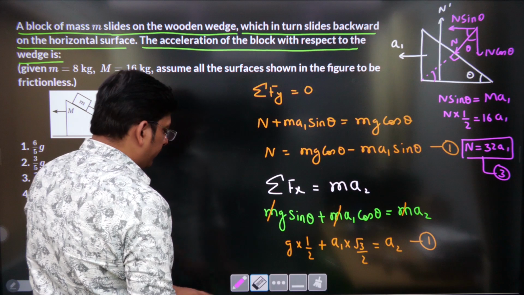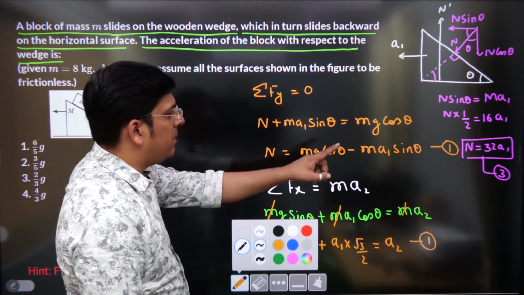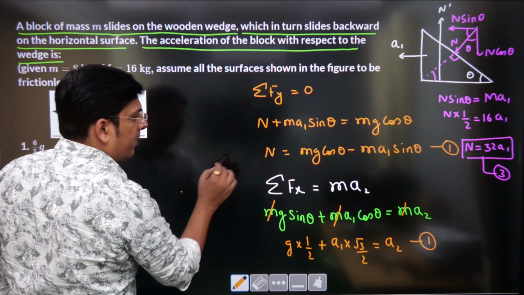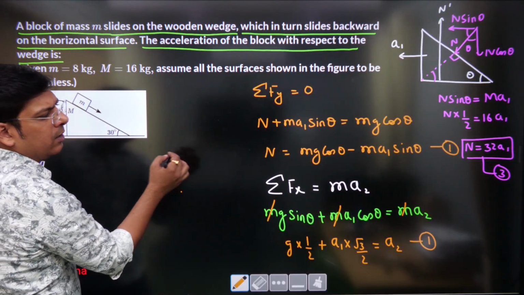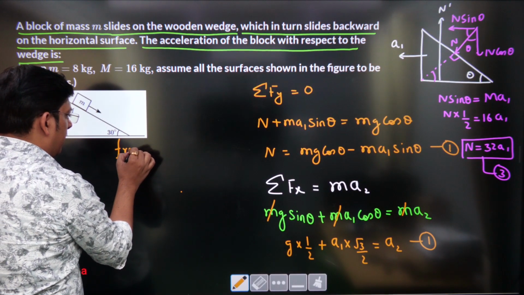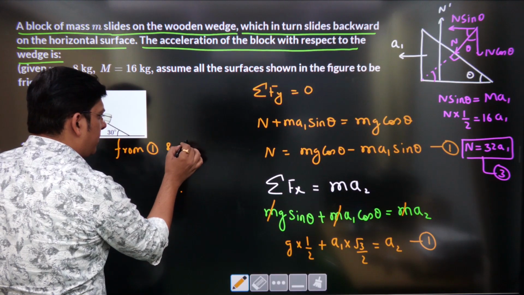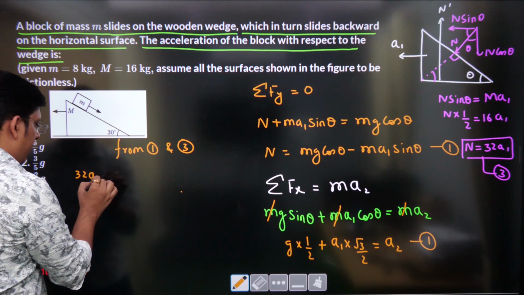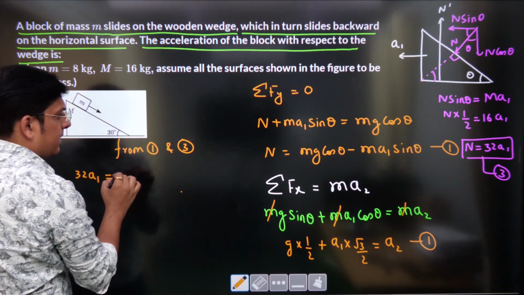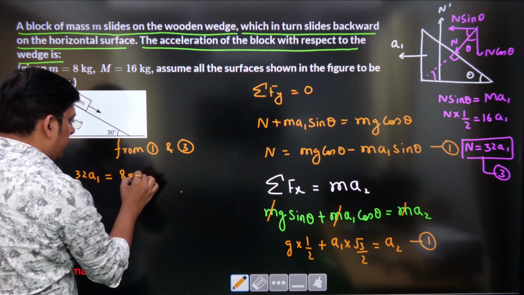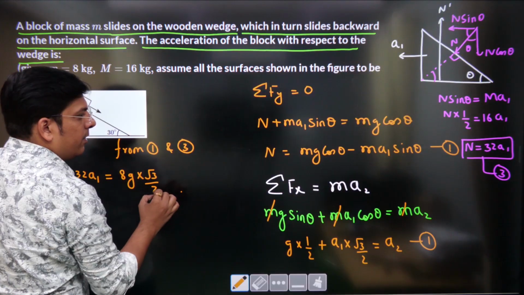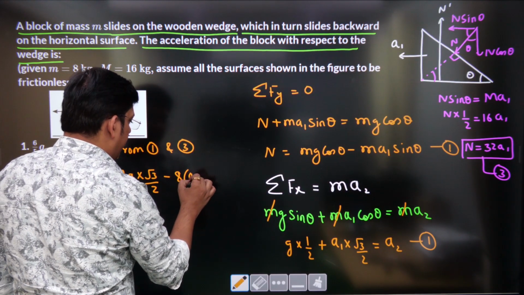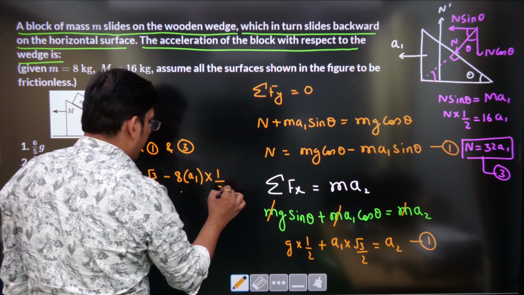First of all, we will replace the value of n, and we will get a1 from there. So from equation first and third, n is 32 a1, n is 32 times a1. Mass of the block was 8 kg, 8 into g, cos theta is root 3 by 2, minus, again mass of block is 8, acceleration is a1, sin theta is again 1 upon 2.